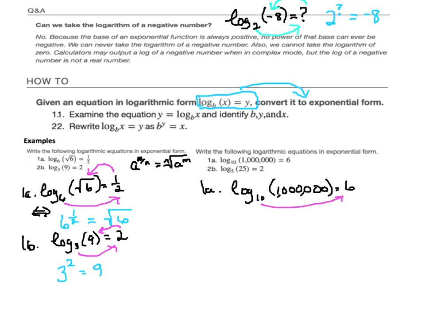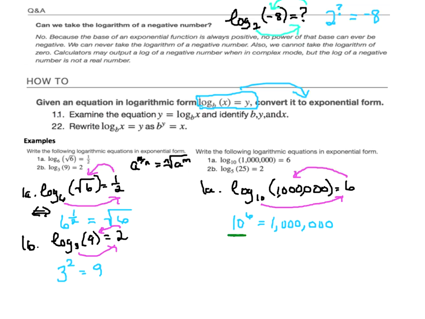Start at the base, raise to the is, and equals the of. So this changes form into exponential: 10 to the 6th equals 1 million. Okay, let me point this out to you because this will be very helpful for you to remember.